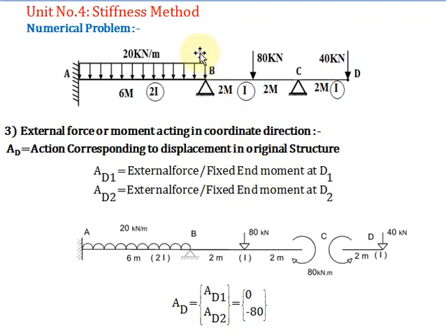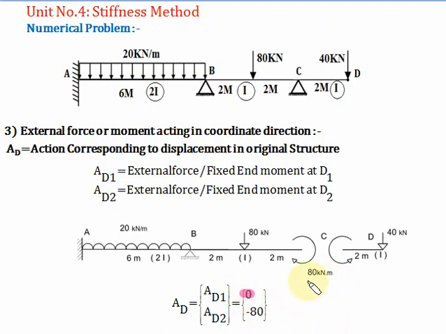Or we can also say, is there any moment acting at support B? If you see, at support B there is no other moment acting in the given structure, and there is also no point load acting exactly over support B. There is a UDL, but it is on the member AB. So here AD1 is 0.